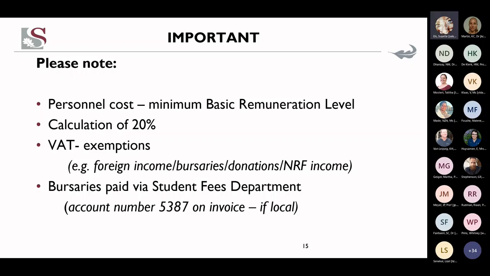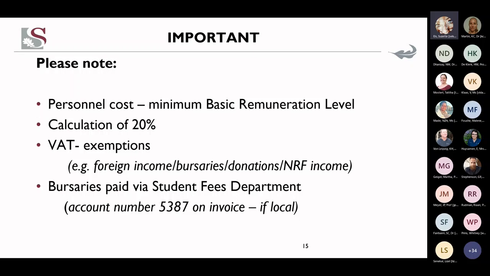When we budget for personnel cost, you can't budget less than the basic remuneration level. So although it is already incorporated on our full cost budget sheet, you are allowed to budget for more than the basic remuneration level, and obviously if approved by your funder, but you can't budget for less than the BRL.